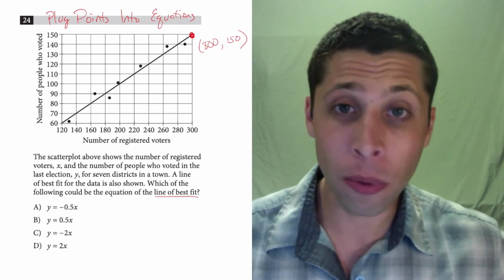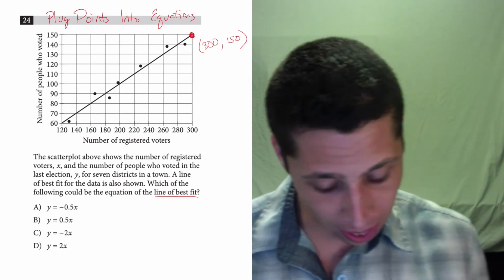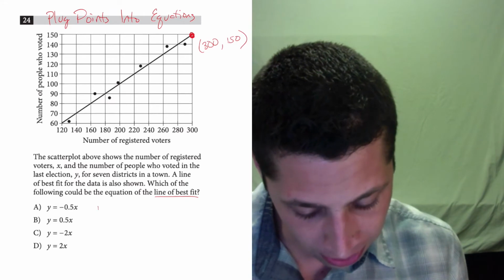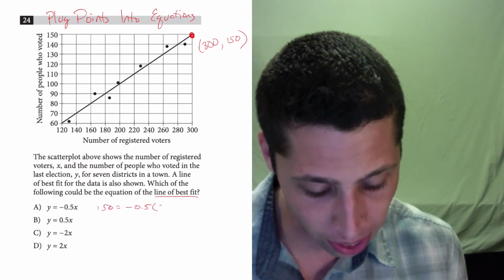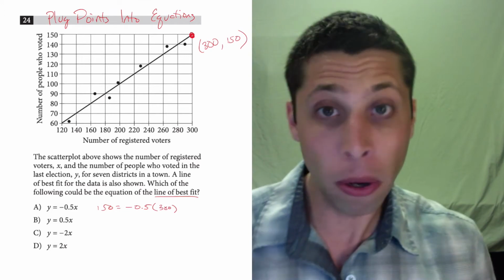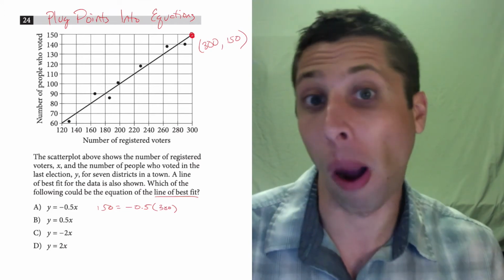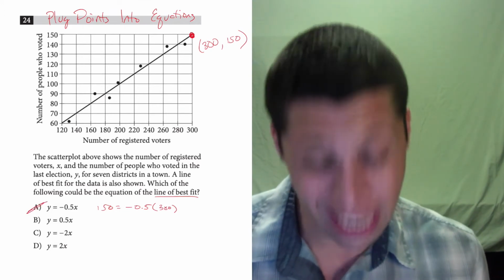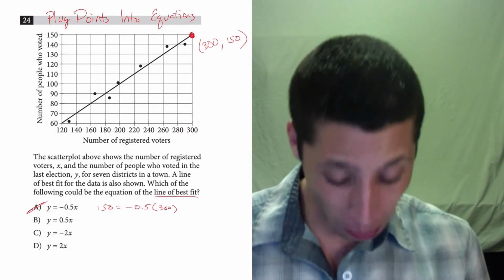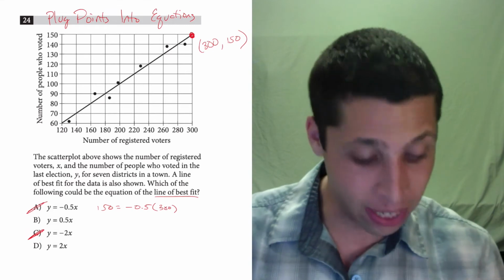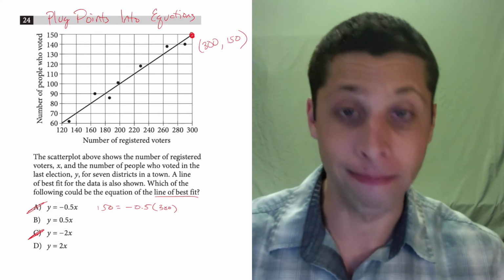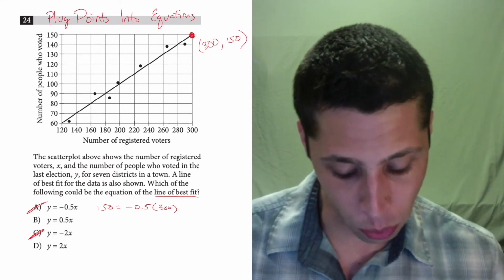So what do we do? Well, let's just plug them in and see what we get. So we can hopefully see that 150 is not going to equal negative 0.5 times 300, mostly because the negative is a problem, right? So that's going to get rid of A. And we could probably also see it's going to cause a problem with choice C as well because there's no negative in either of my coordinates.